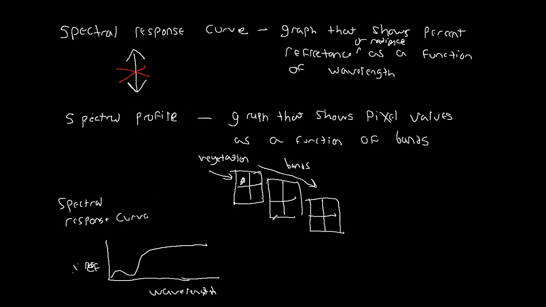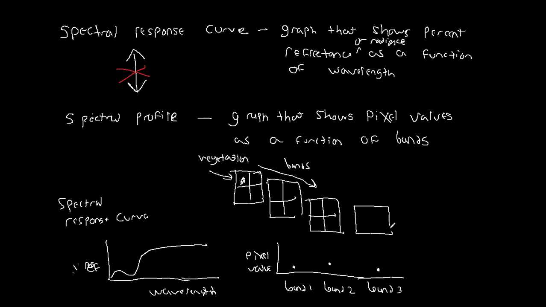What a spectral profile is going to do, now this is the pixel value, and it's going to have band 1, band 2, band 3, and this is the x value. So there's going to be a value for band 1, a value for band 2, a value for band 3, and let's just say that we go to band 4.